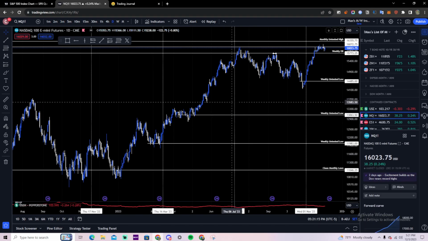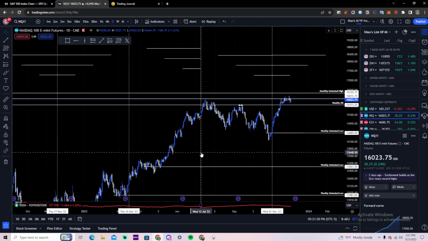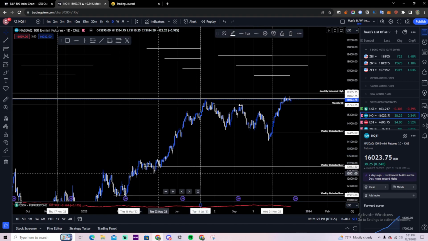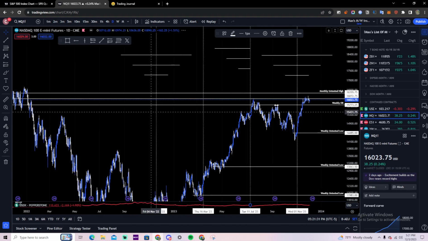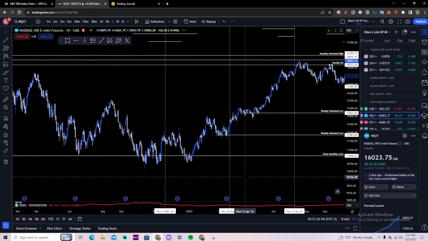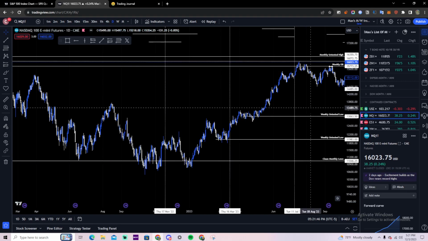So this should show a lower low. We don't necessarily see it in that time frame. Let's see. In fact, let's make this a little easier.